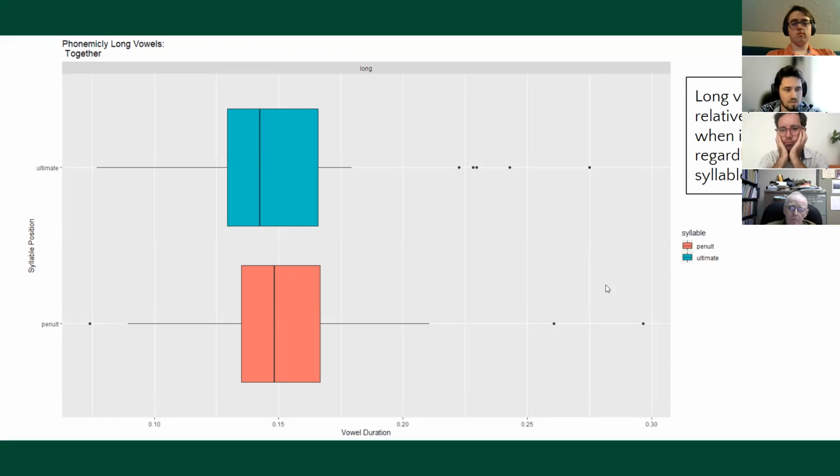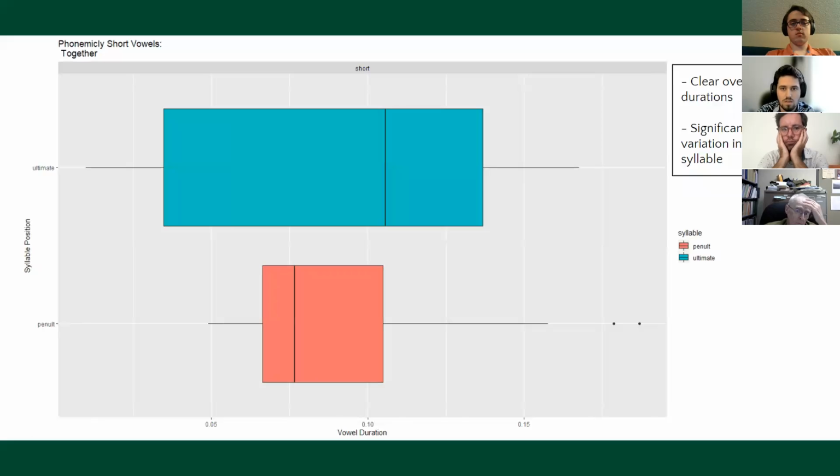As well, we have these outliers for the penult. Likewise, in the phonemically short vowels, we see clear overlapping duration measurements, though in this case, we are seeing a large variation in these short vowels in the final syllable.